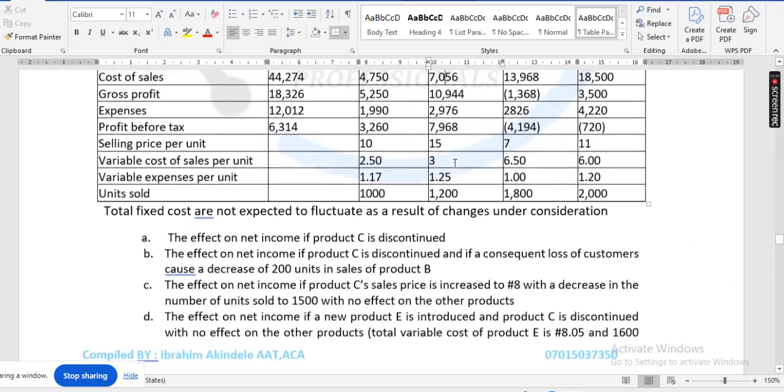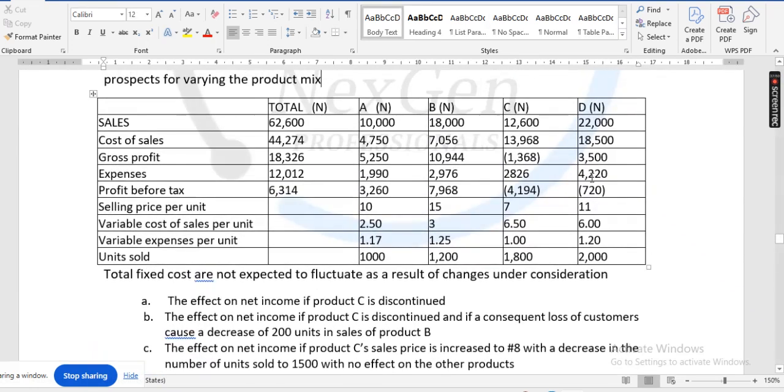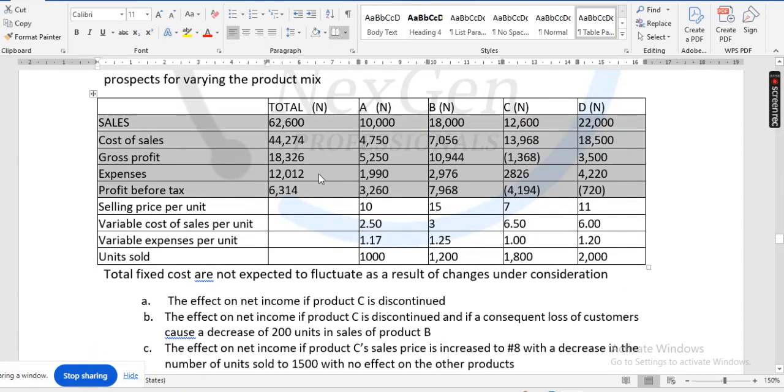It was actually wrong because all these figures were given to us. It has already been calculated. These expenses may include the fixed cost as well as the variable cost.